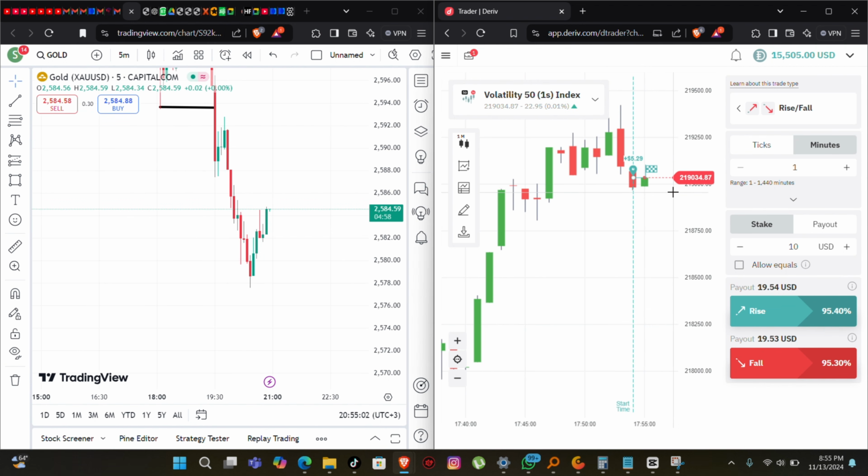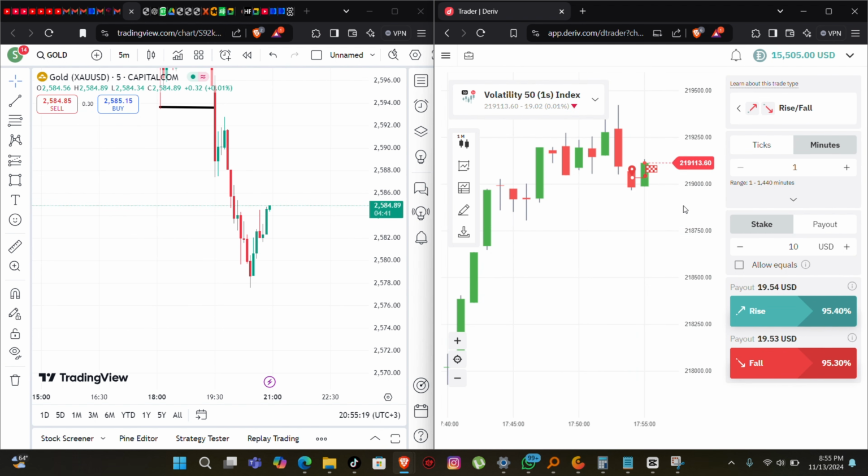You can see that candlestick. So you see, we will make losses not because we didn't predict correctly, because we opened that trade late. Otherwise kama tulikuwa tumefungulia at the open of that candlestick, we would have ended up making a profit on that particular trade.